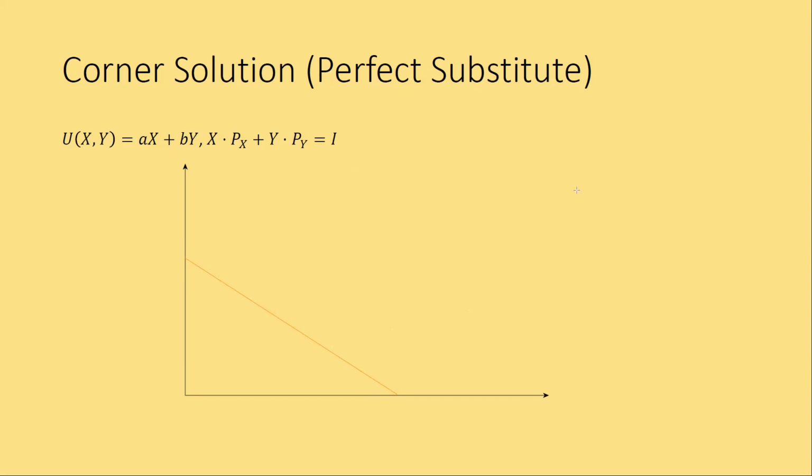So when we have a perfect substitute utility function, we know that the indifference curves are straight lines that are parallel to each other, and the slope of the indifference curves depends on the ratio of A and B, right? So let's suppose the indifference curves are steeper than the budget constraint.